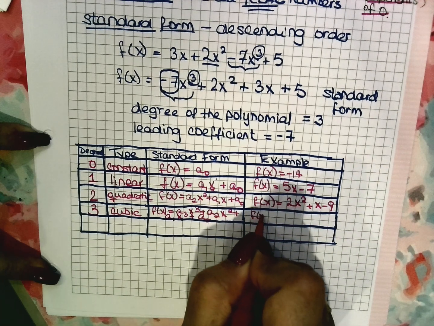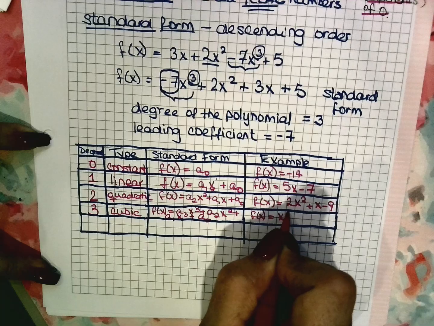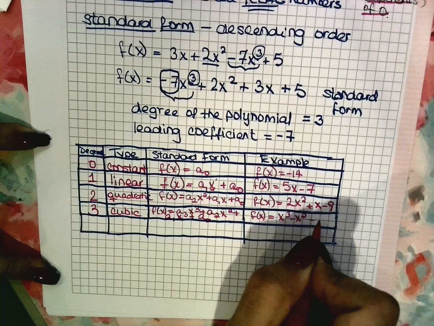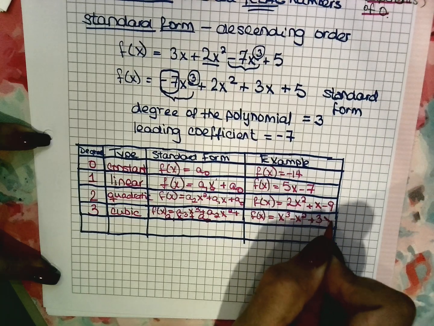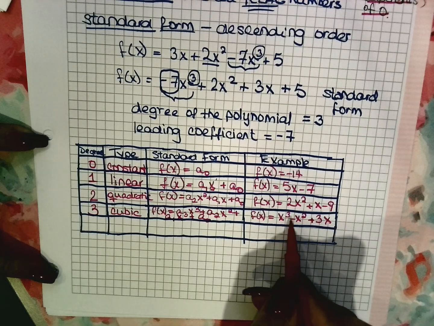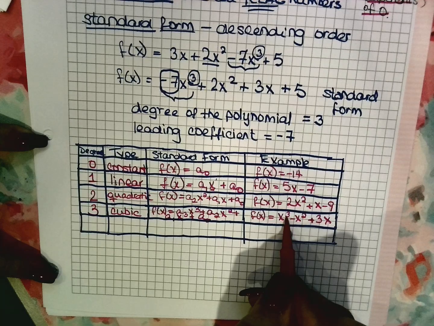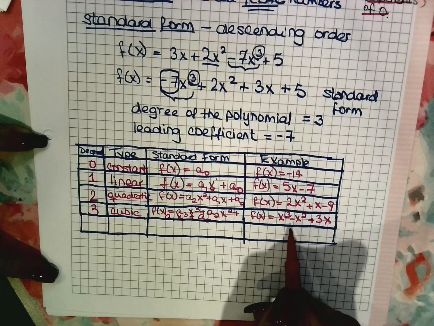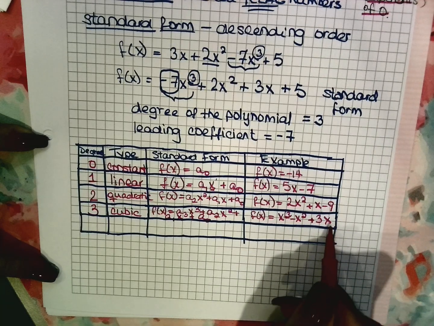So something like this: x to the third minus x squared plus 3x. Now, this one in particular doesn't have a constant. That's okay. It is still a third degree polynomial because the biggest degree is 3, so it is a cubic. It just only has 3 terms, and that's perfectly fine.